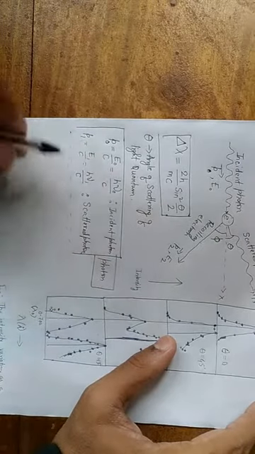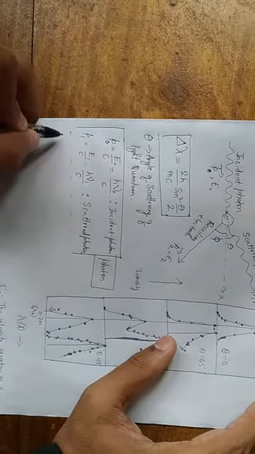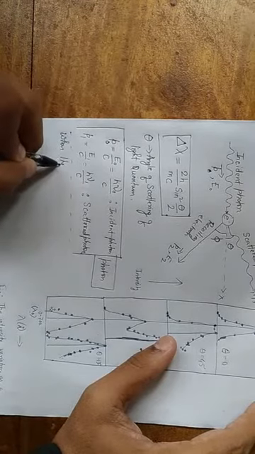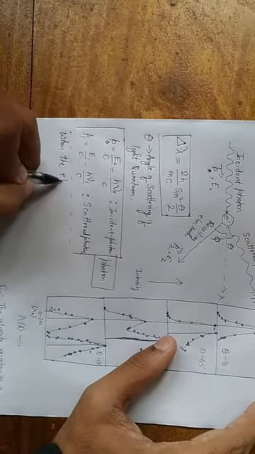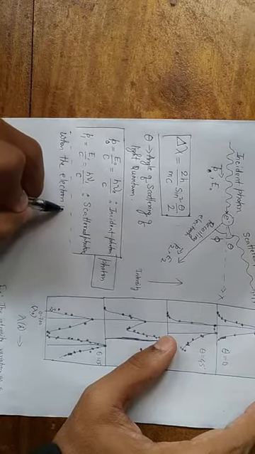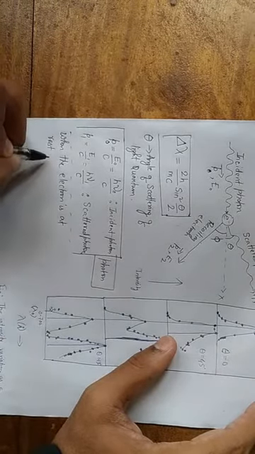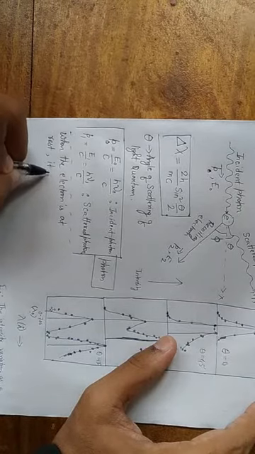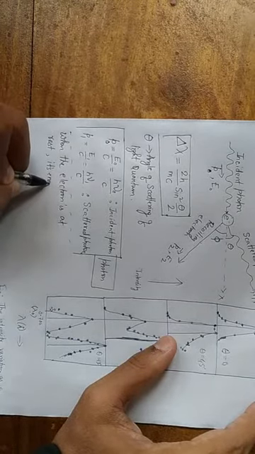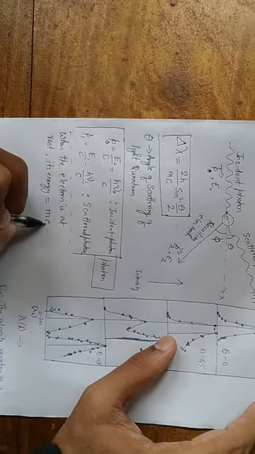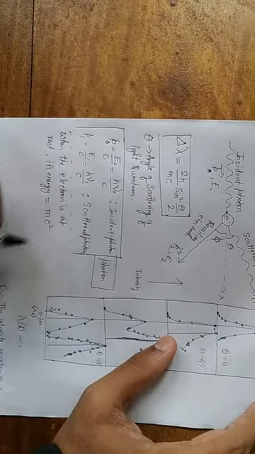Similarly, for this electron, when the electron is at rest, its energy is equal to the mass of the electron times c squared.